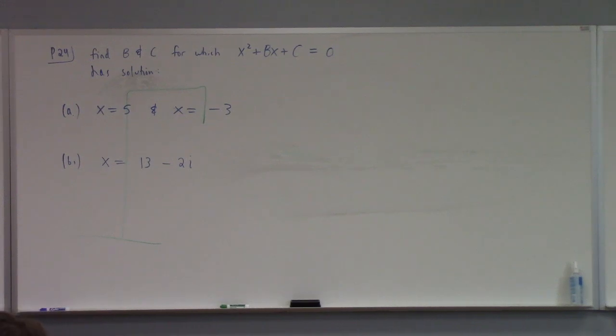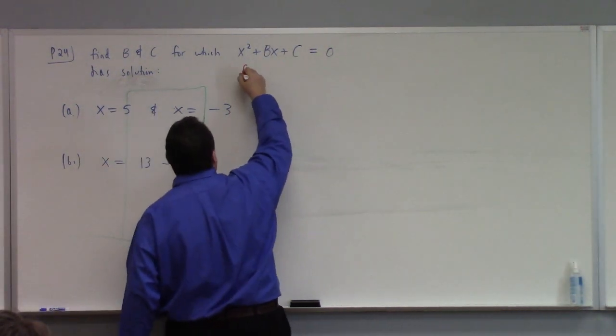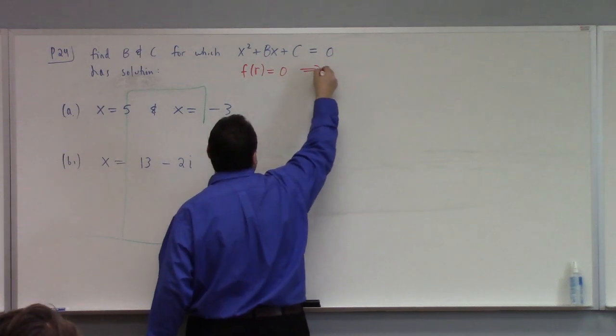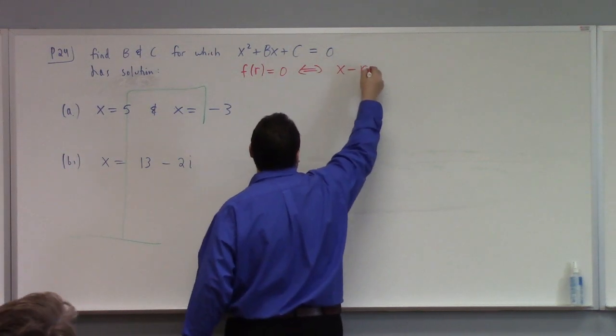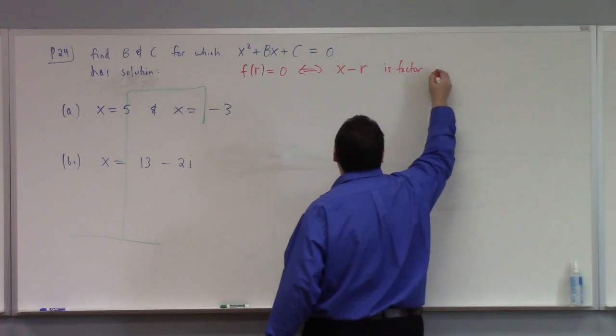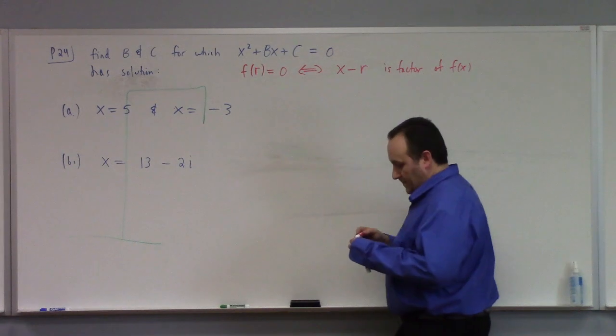All right. So the factor theorem says that there's a correspondence between zeros, right? Factor theorem says f of r is equal to 0 only if x minus r is a factor of f of x. And here we're talking about f of x being a polynomial.